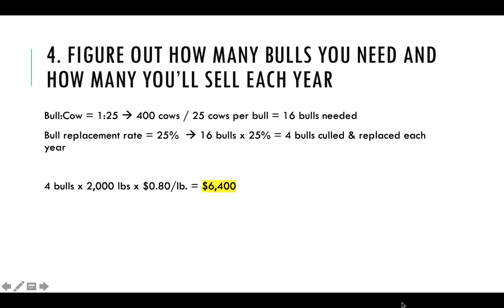And so that is going to be a line item in our income stream as well. So those four bulls that we're going to sell, they're going to average about 2,000 pounds a piece and be worth 80 cents a pound. And so their total receipts in the income stream is going to bring about $6,400.